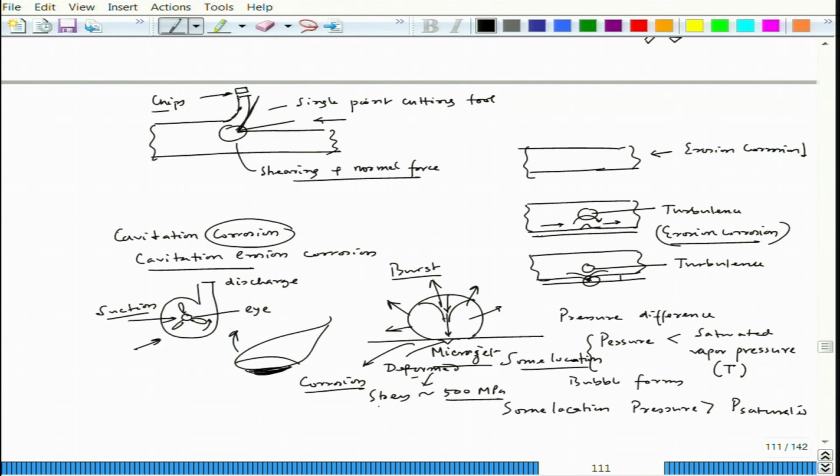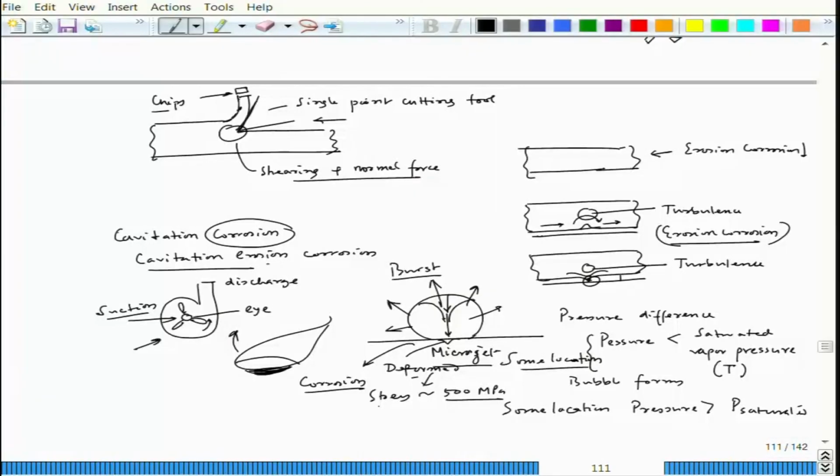That would create a lot of damage, and that damage is basically nothing but cavitation corrosion. Again, you see it is basically a kind of deformation. Wear is also a kind of deformation, and also of course material removal, but here the wear or the deformation is taking place due to the microjet formation during bubble collapsing. So, that also comes under a special category of erosion corrosion. So, this is also erosion corrosion, fine. This is also corrosion; sometimes it is simply called cavitation damage.